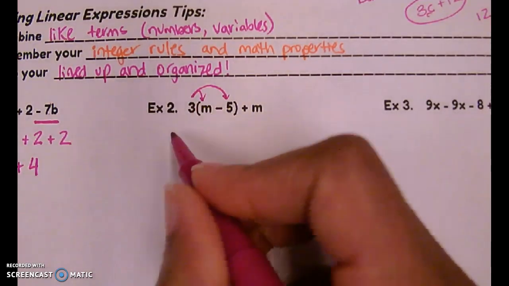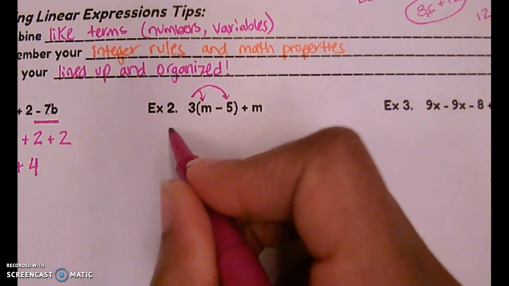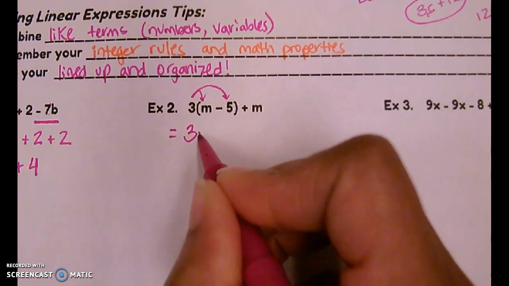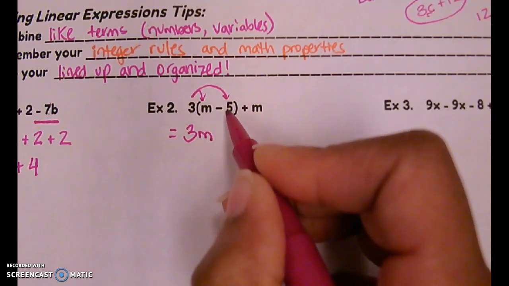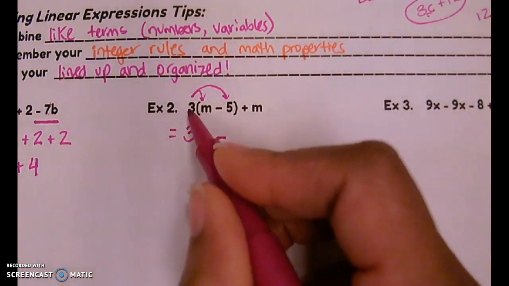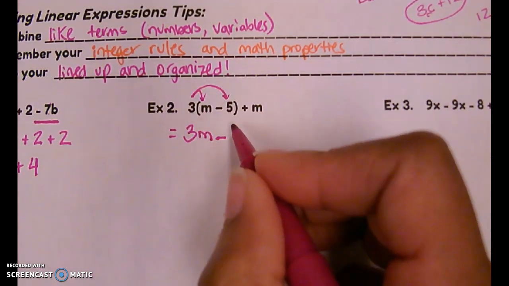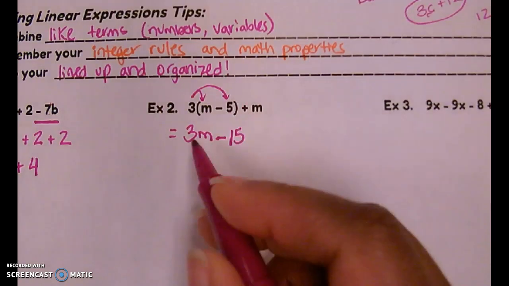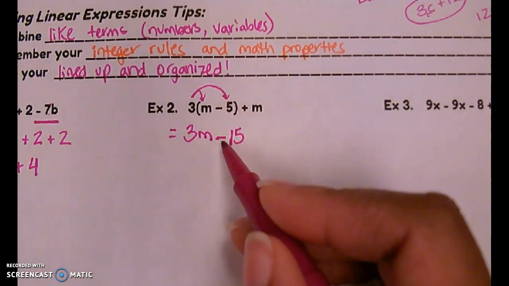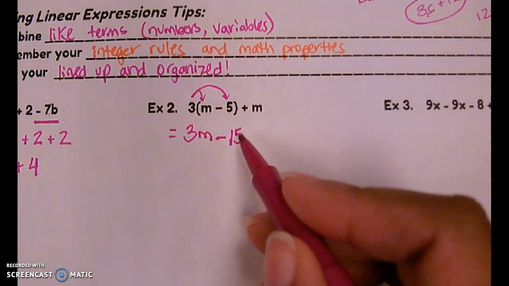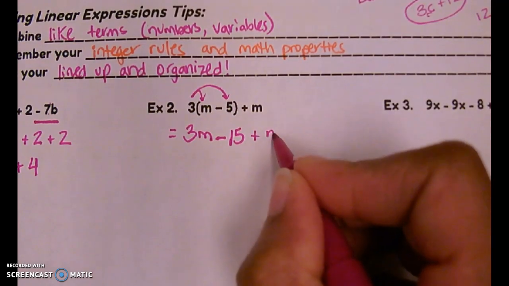So, the first thing we're going to do is bring down what 3 times m is. 3 times m is 3m minus 3 times negative 5 is 15. So, I'm just going to bring down this negative and bring down this 15 plus m.